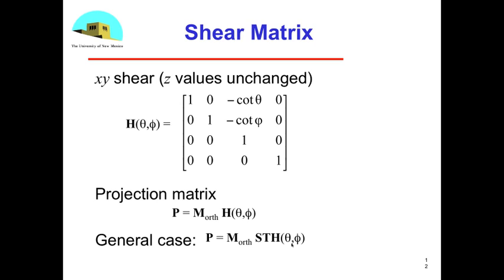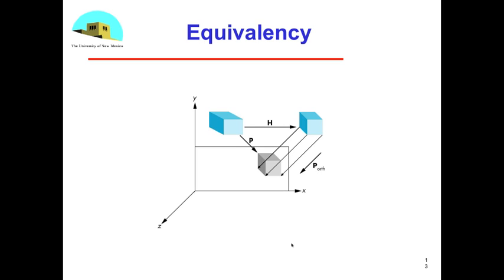I talk a little bit about that in the notes, but the crucial point here is that here's the object, I shear it, and then I do an orthogonal projection onto this plane. The diagram isn't great, but this is supposed to be hitting the plane orthogonally, and that's exactly the same as if I had done an oblique projection from scratch.